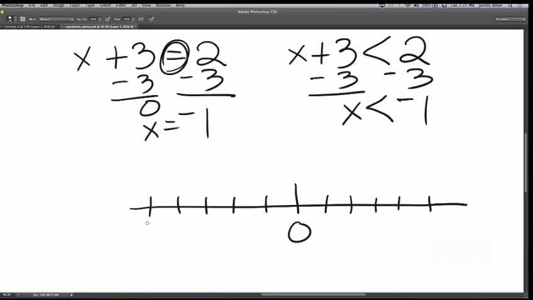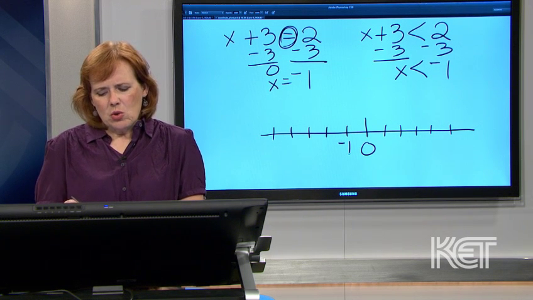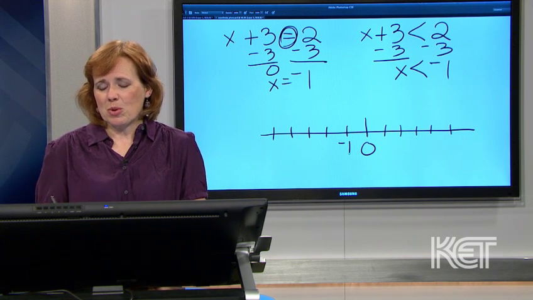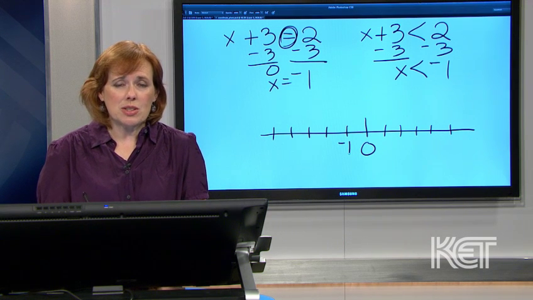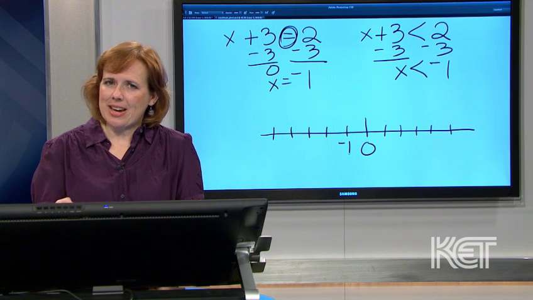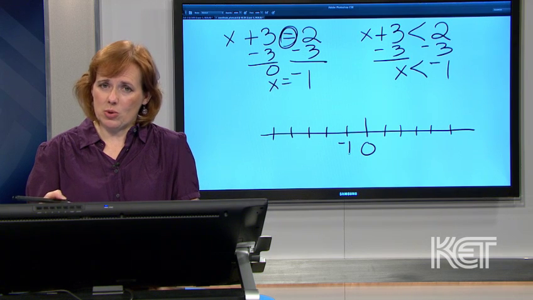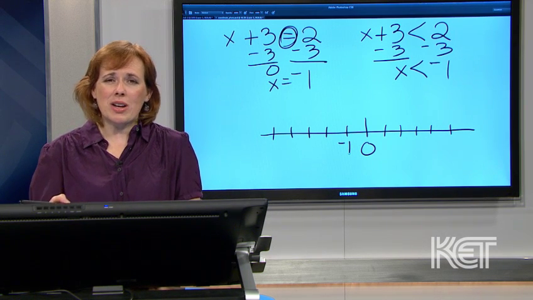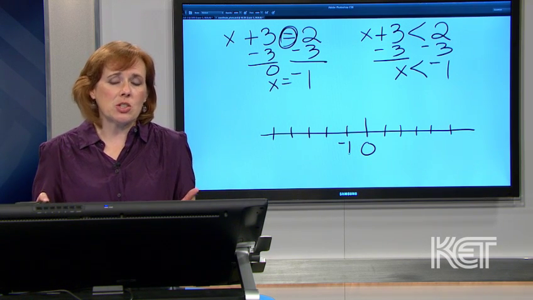All right, so we know that our range of answers, our x, is less than -1. Normally when you mark points on a number line, you would mark a closed dot, but this is less than. This is not less than or equal to -1. -1 is actually not part of our range of answers.